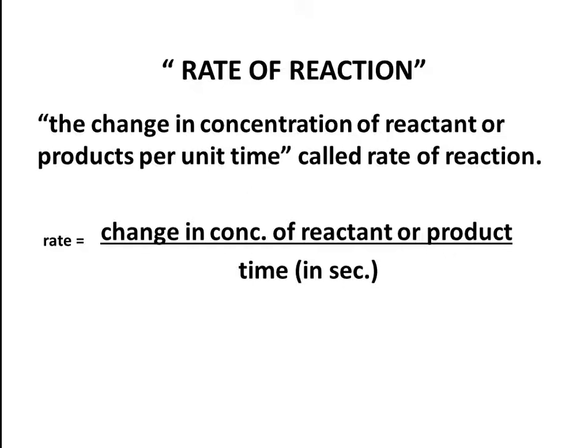Okay, so reactions can be classified on the basis of speed or velocity into three categories: very slow, moderate, and very fast. These two types of reactions, very slow and very fast, have no importance for us. Why? Very fast reactions occur within a microsecond, so we are unable to observe their speed or rate.